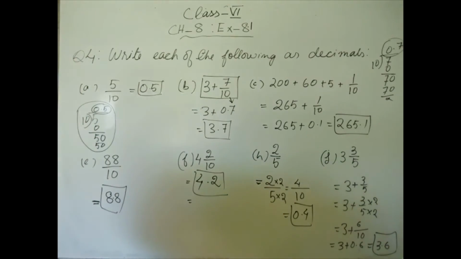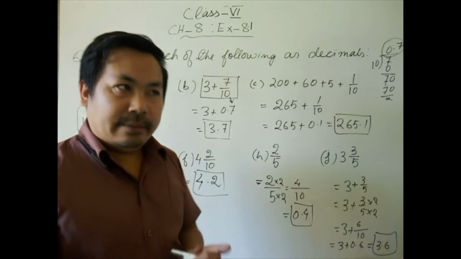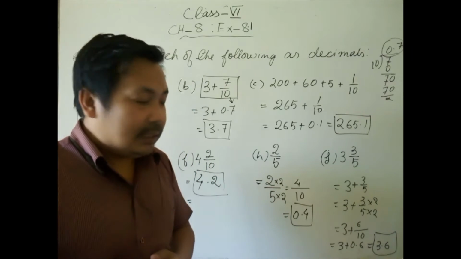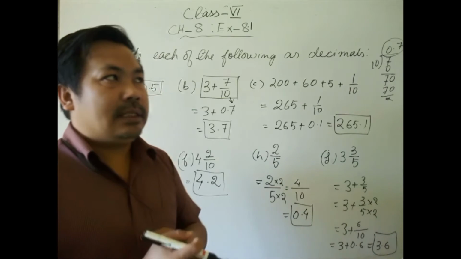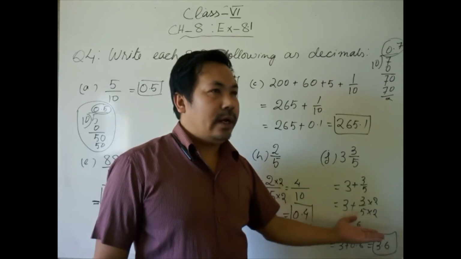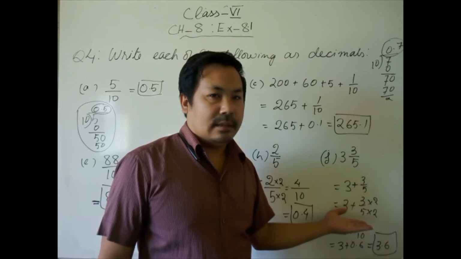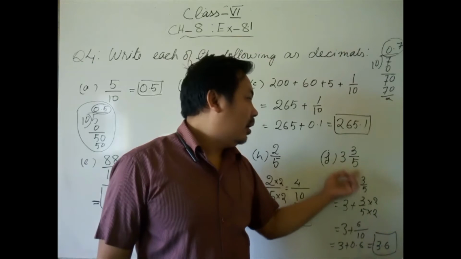Okay. So like this, what happens? Suppose you are asked to find the given decimal on the number line, then 3.6, the point where it is located on the number line, will be this.